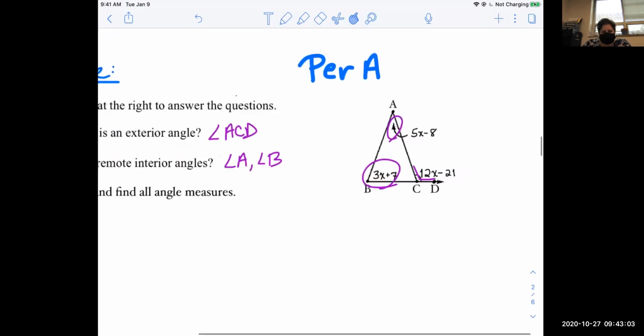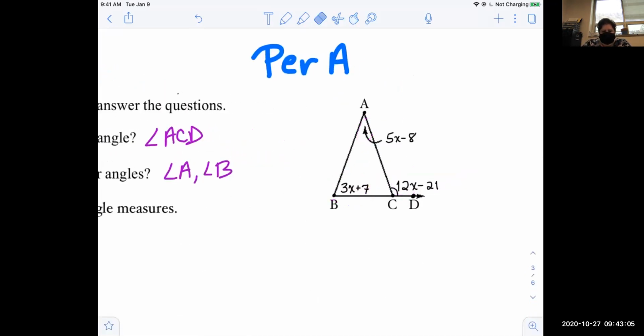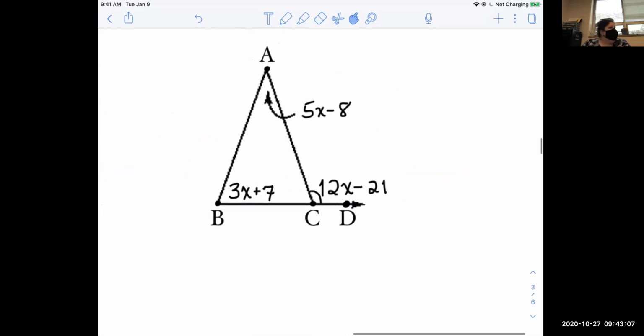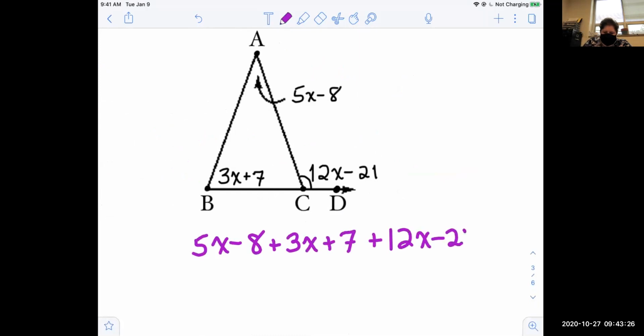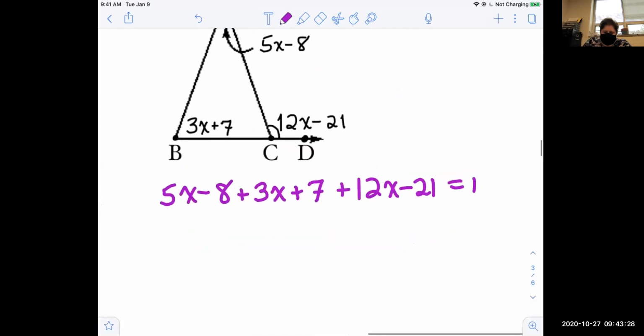Okay, now we need an equation to solve for x. Someone who hasn't talked to me today, give me an equation to solve for x. Jake. Emma, what's wrong with that?